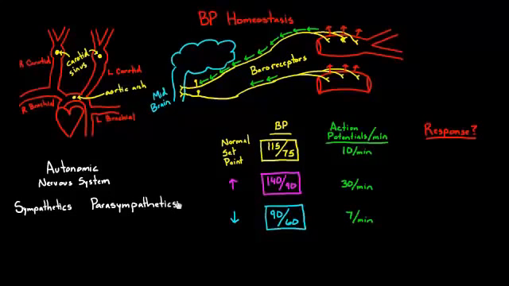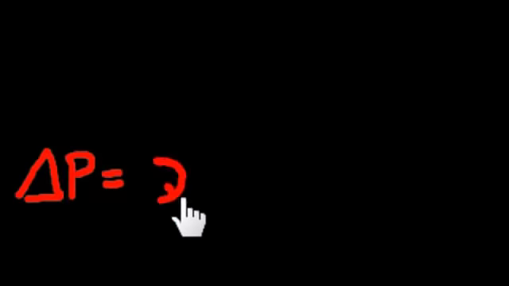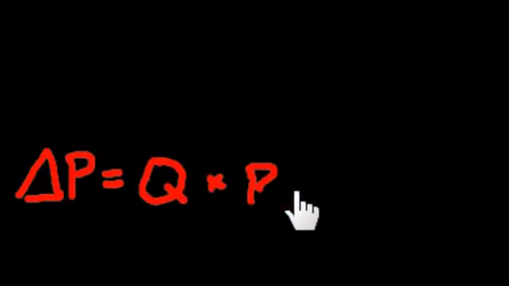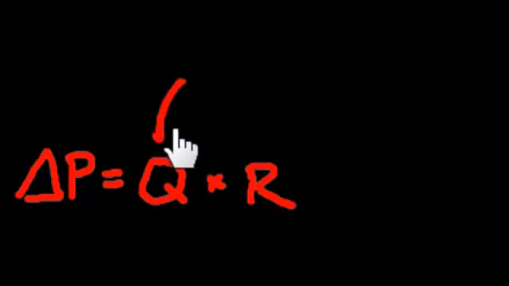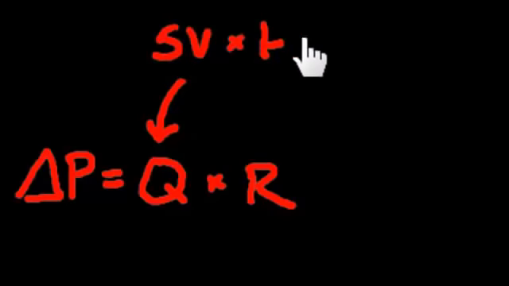And I want you to remember that there's a formula, and I'm going to write that formula down here, just to remind us that pressure equals flow times resistance. And additionally, I want you to remember that flow is going to be related to stroke volume times heart rate.